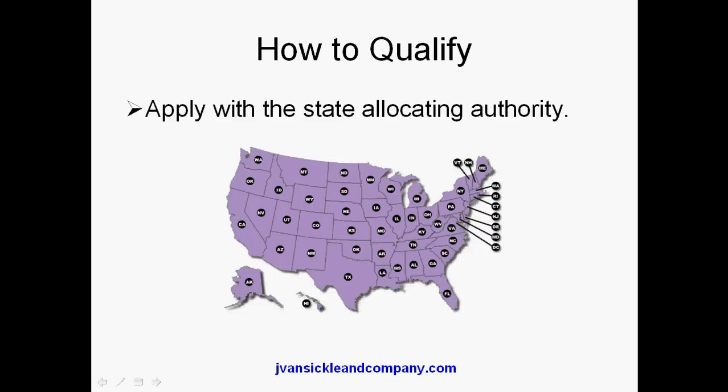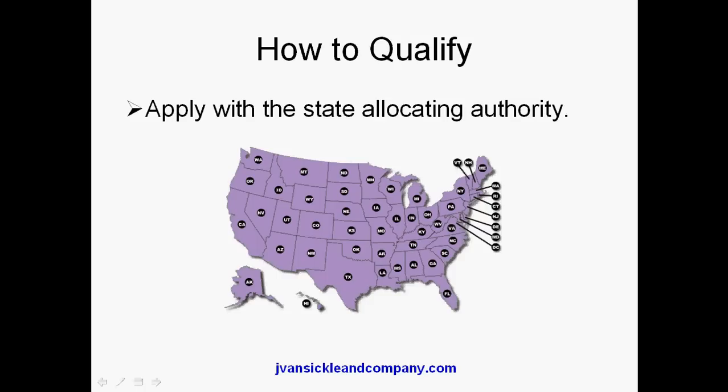So how do you qualify? The Low-Income Housing Tax Credit Program, as I mentioned, is a federal program. It allocates federal tax credits. If you want to know more about tax credits, there's a great general tax credit tutorial that we have posted. Just check out our YouTube page and you'll find it there. They're federal tax credits, but they're allocated at the state level.